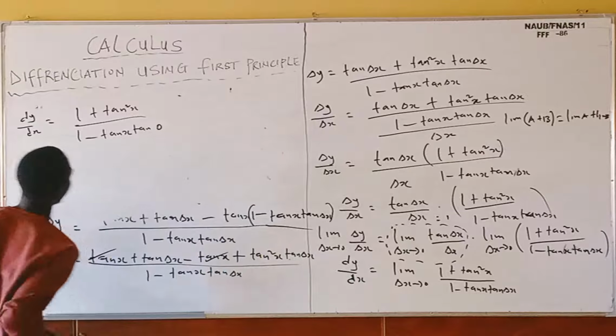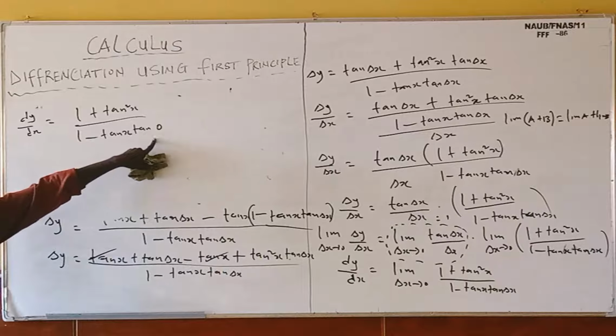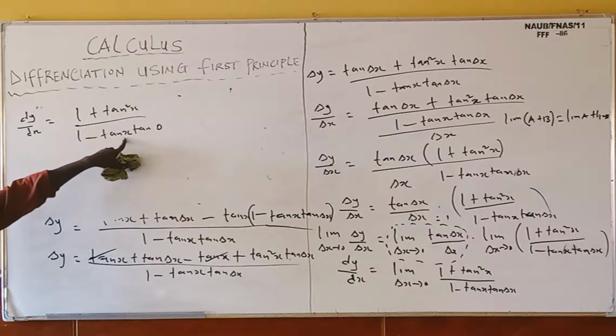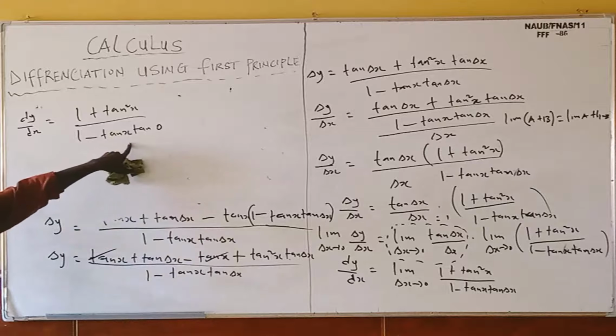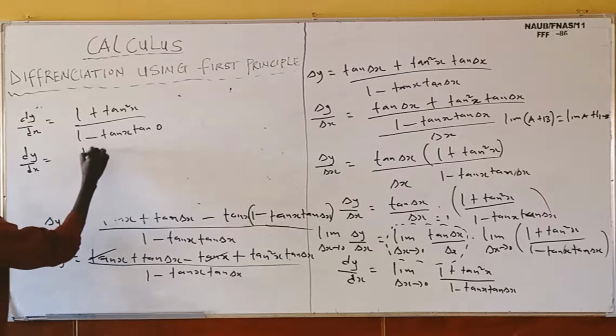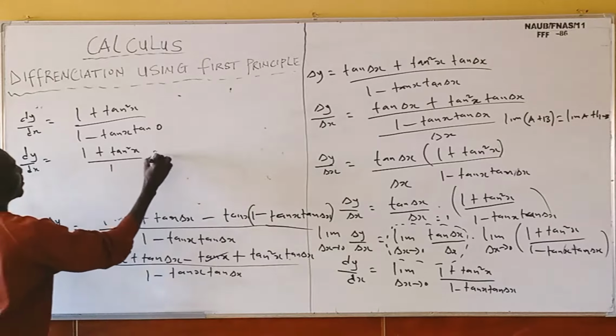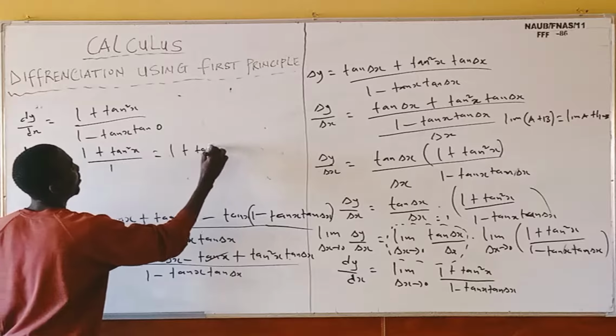So this one will be tan 0. And don't forget, tan 0 is 0. 0 multiplied by tan s is what? 0. 1 minus 0 is still what? 1. So dy over ds is going to be equal to 1 plus tan square s over 1, which is still the same thing as 1 plus tan square s.